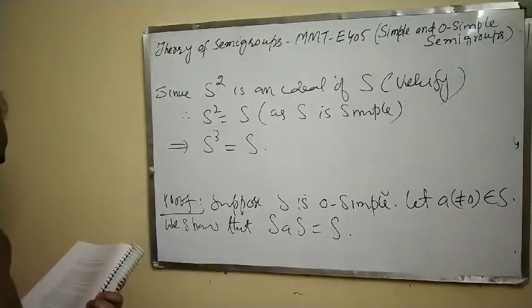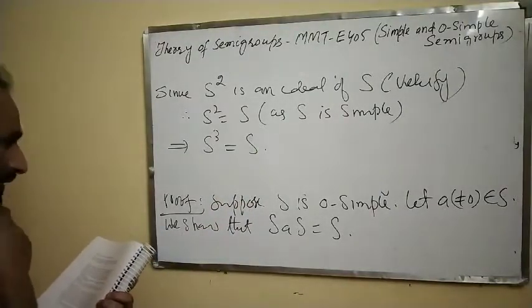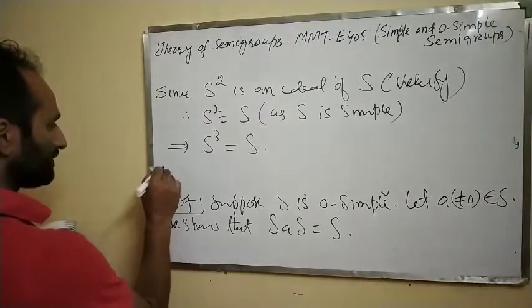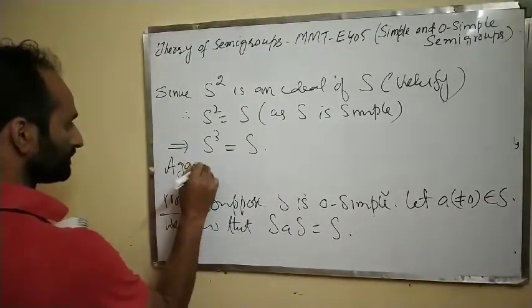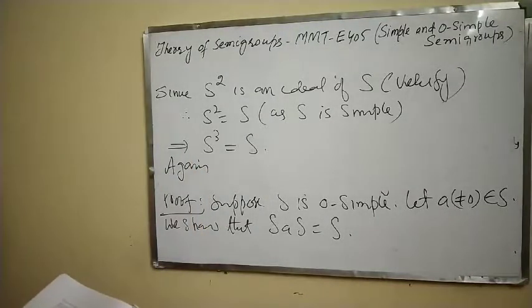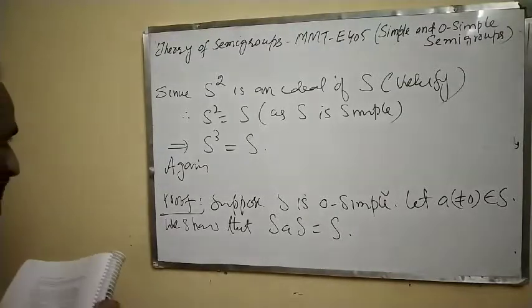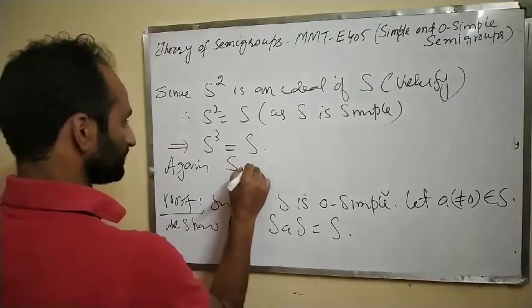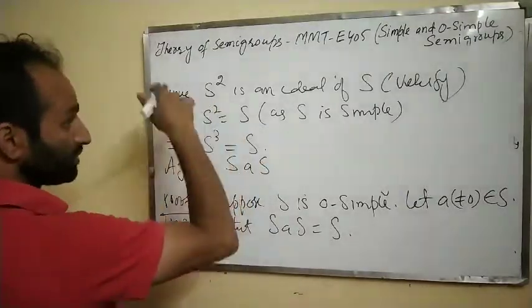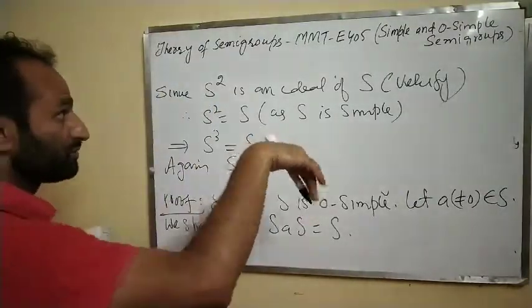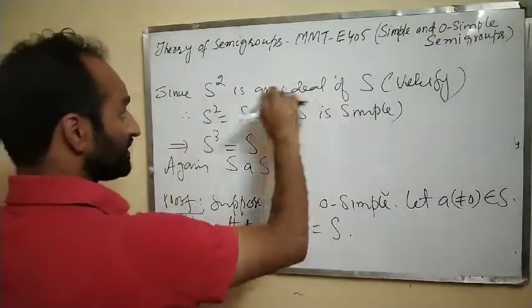Now this A is a non-zero element, and S square is an ideal and it's not equal to 0, by the definition of 0 simple.